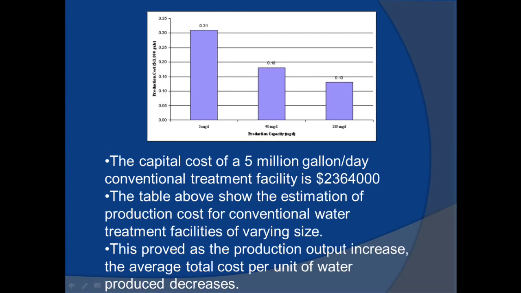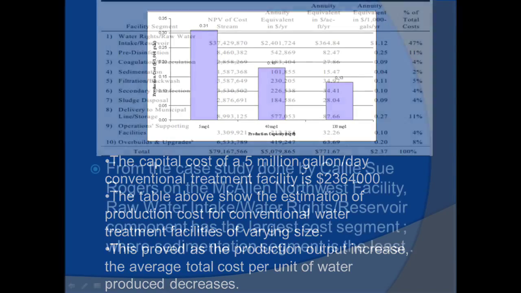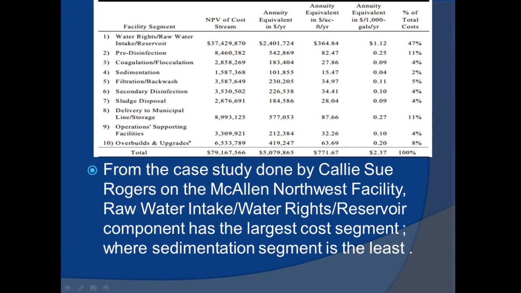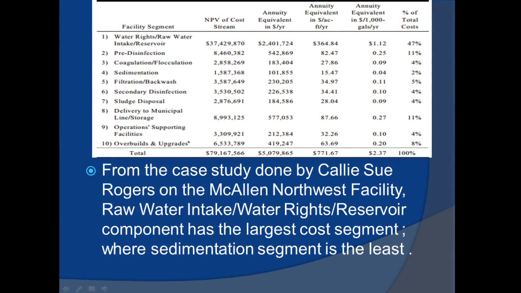From the result obtained, it proves that as the production output increases, the average total cost per unit of water produced decreases.